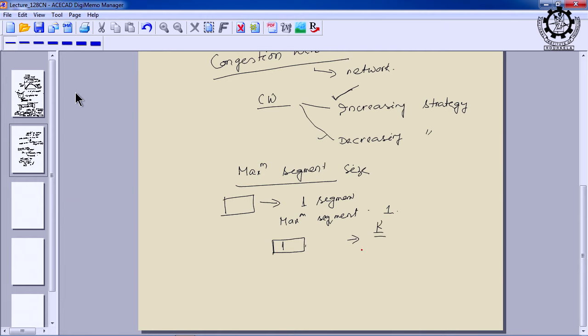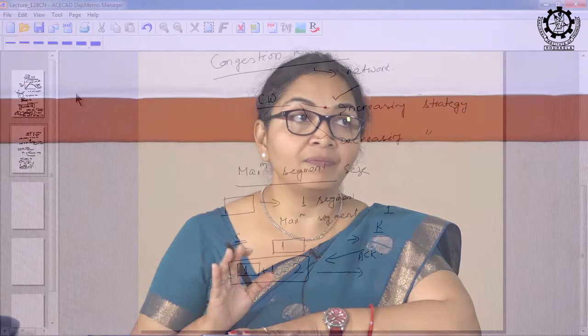Now what does the receiver do? It sends the acknowledgement, and when the acknowledgement is received by the sender, it adds another maximum segment: 1 plus 1, which is equal to 2, saying that now this is my window size. That means the network is capable of handling 2 segments at a time.